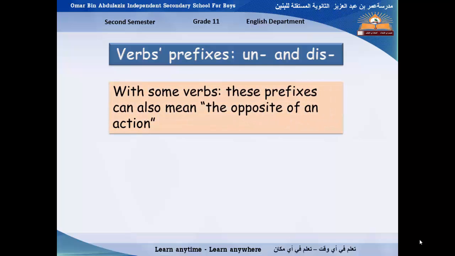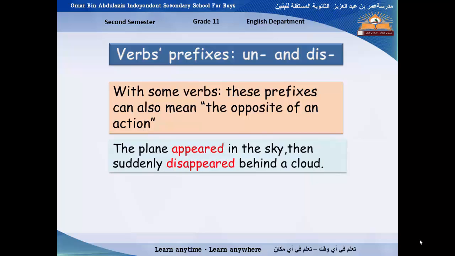With some verbs, these prefixes can also mean the opposite of an action. For example, the plane appeared in the sky, then suddenly disappeared behind a cloud. We have to notice here we used the prefix dis to form the opposite form of appear, to become disappear.